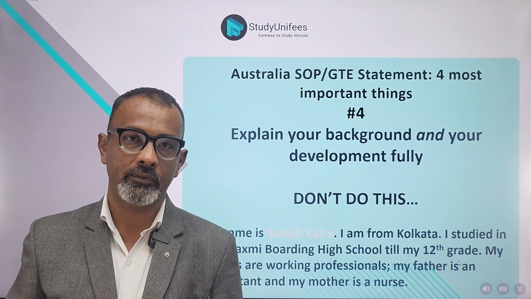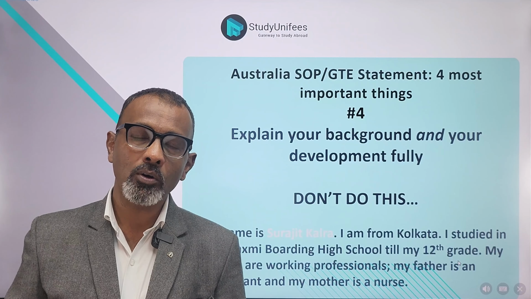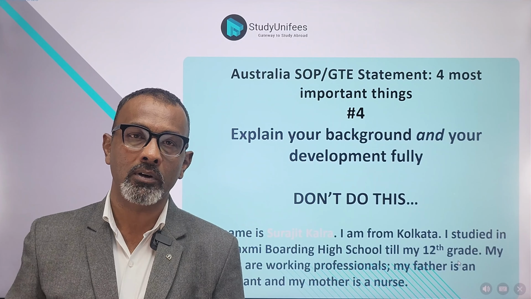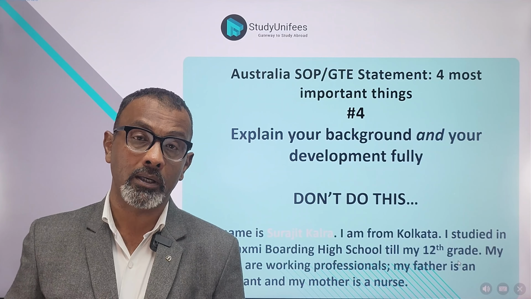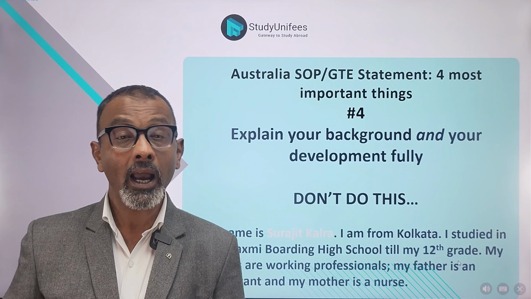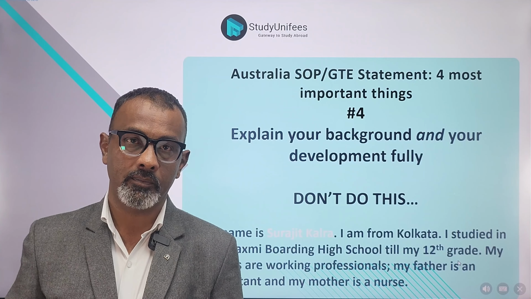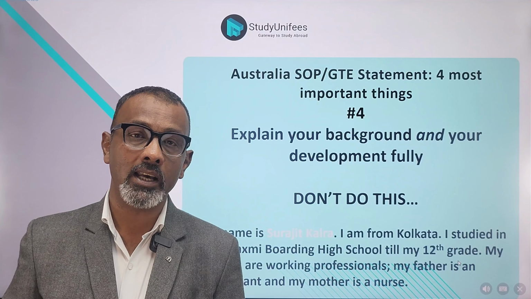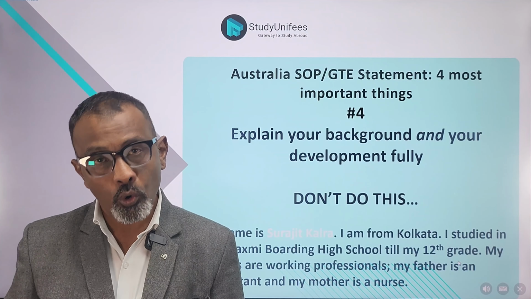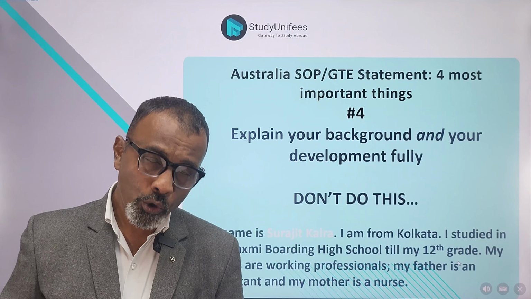This is not enough. Be a little more detailed as far as your background is concerned. And do please talk about your development as a person and a student over the years. This gives the case officer a lot of insights into not just who you are, but who you have become over the years.